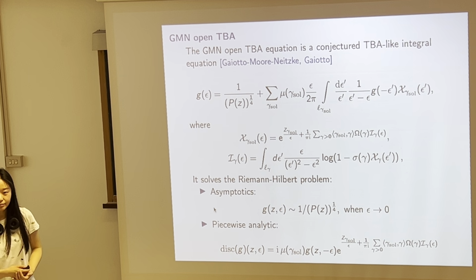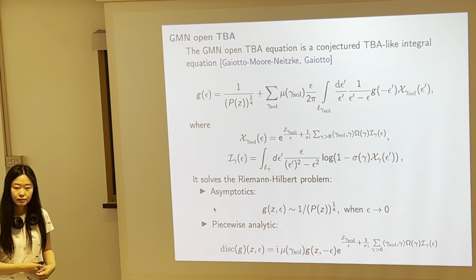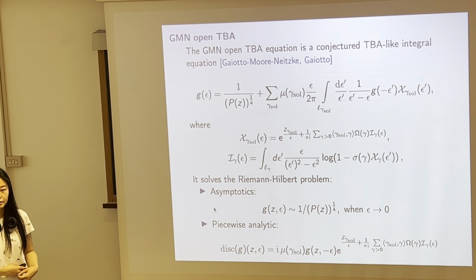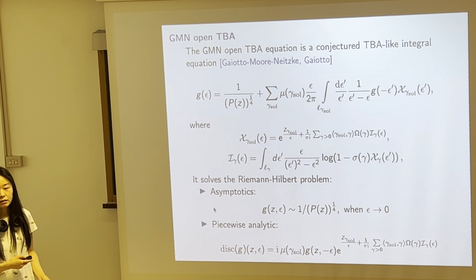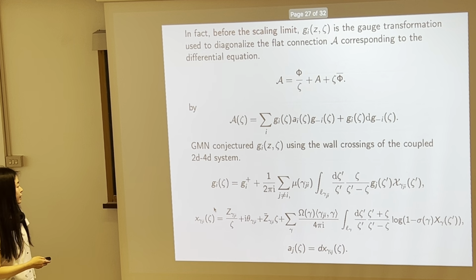Yeah, epsilon is the exponential of theta. You can find this also in the appendix of Gaiotto, Moore, and Neitzke, in which they try to reproduce the TBA equation. But these are not those equations. Apart from this, the G is the wave function, isn't it? G is not directly the wave function. But it's related. Yes, it's related.